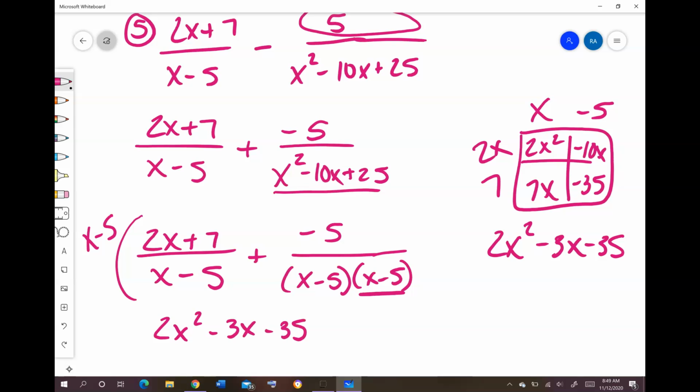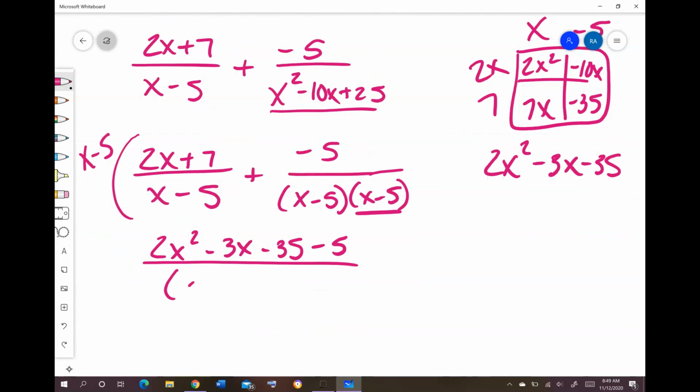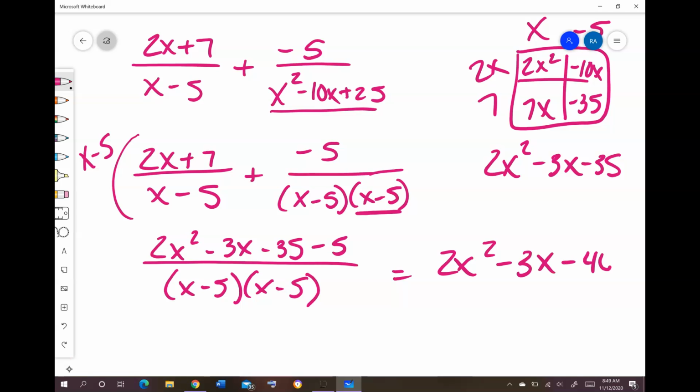We didn't do anything to this guy, so we just drop him down. And then we put it all over x minus 5, x minus 5. Clean up the numerator, and it'll be 2x squared minus 3x minus 40 all over x minus 5, x minus 5. And that would be your answer.